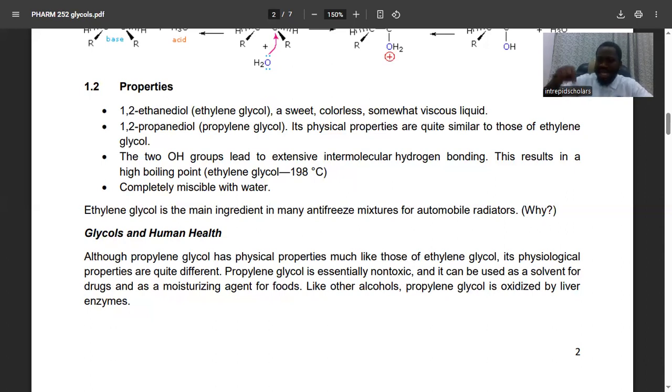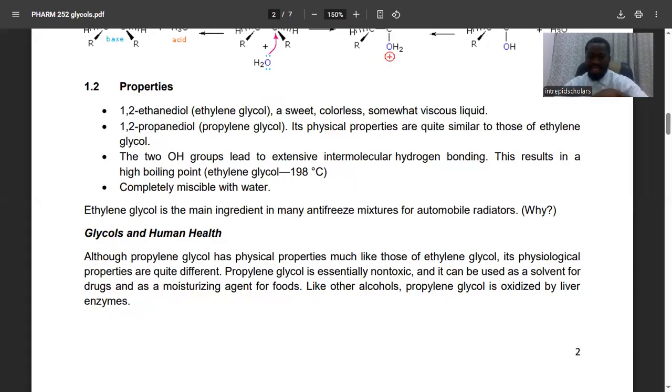If you add ethylene glycol, the freezing point goes below 0 degrees, such that if your vehicle is moving in an area or an environment which has a very cold weather, the water there will not freeze and destroy your engine. That is the first thing, the first characteristic. That is why we use it in antifreeze mixture, the first one.